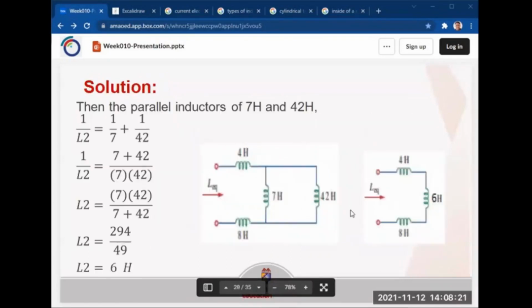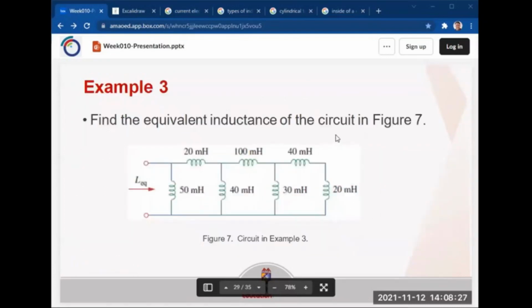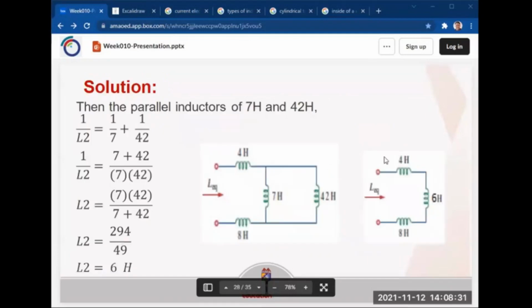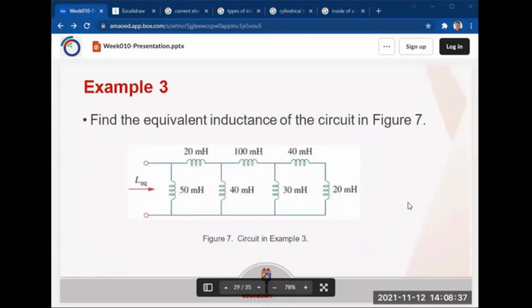Where's the final answer? There's no final answer. They did not write the final answer. My goodness. So the final answer is 18 Henrys. Let's proceed to our next example.